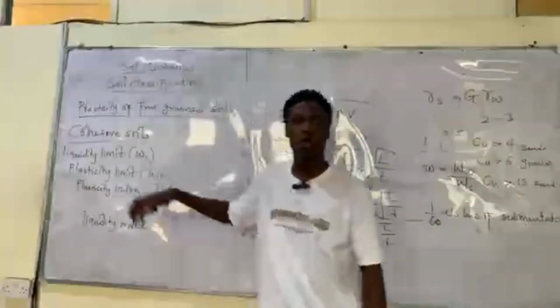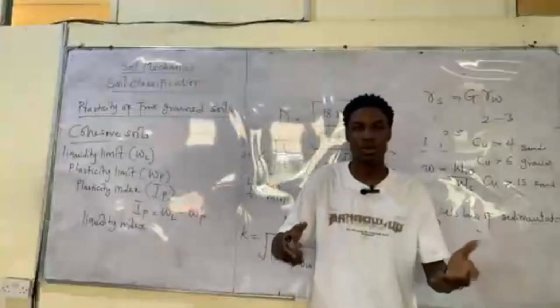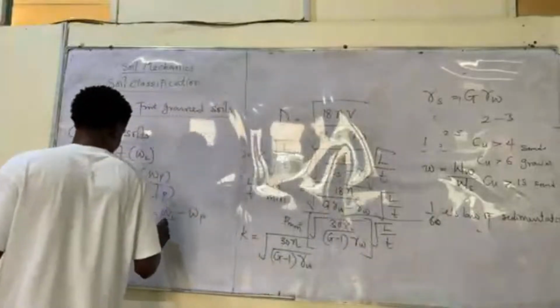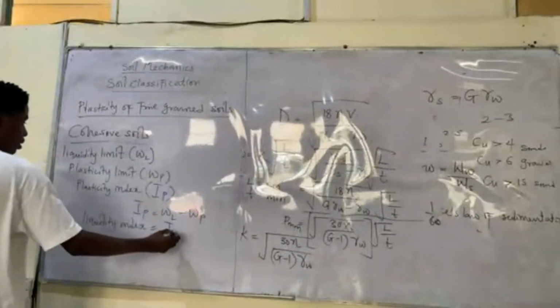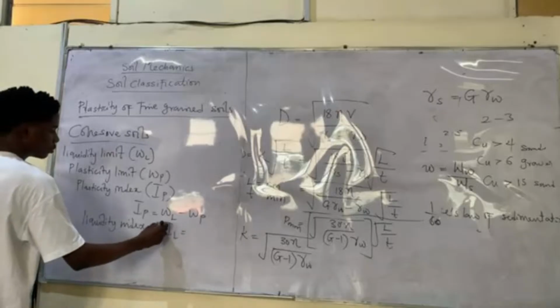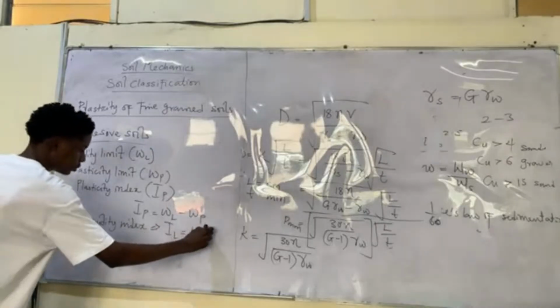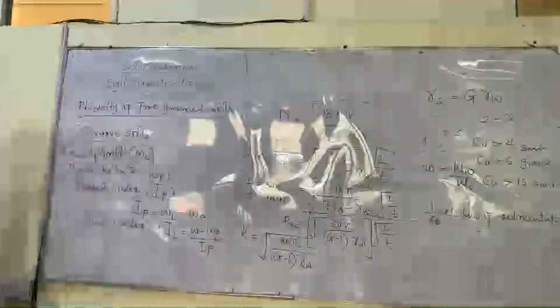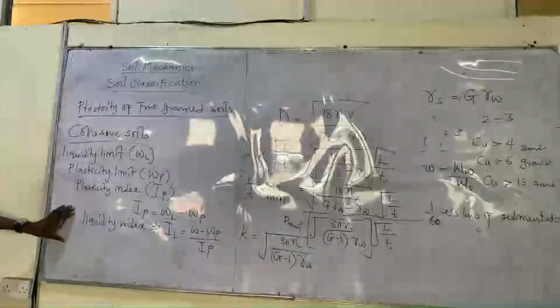You're comparing the nature of the water content to the plastic limit. So this is the formula for the liquidity index, represented with IL. That is the liquidity index.